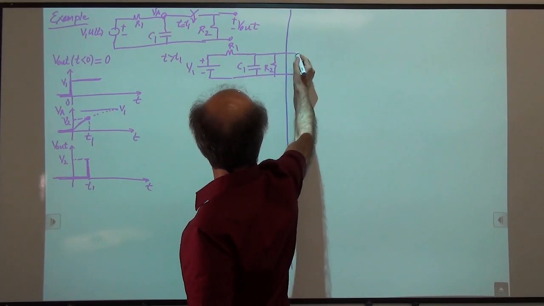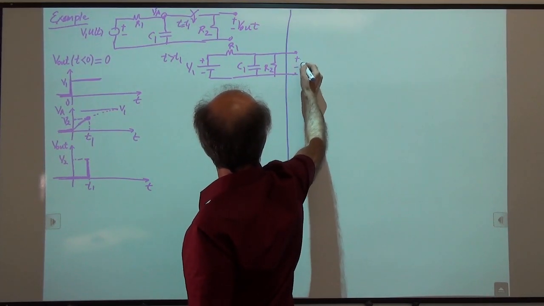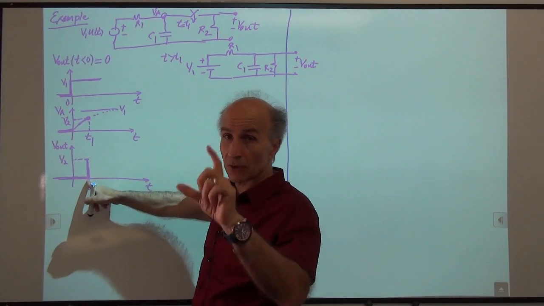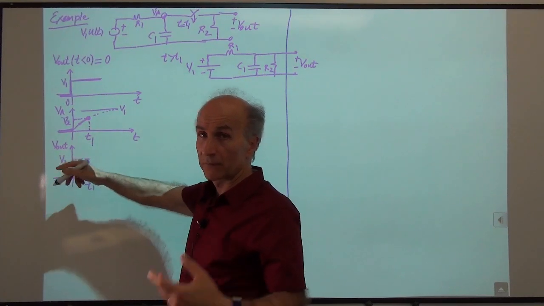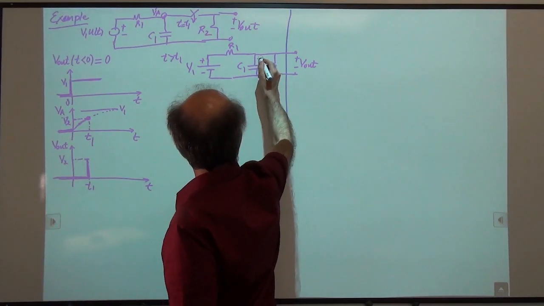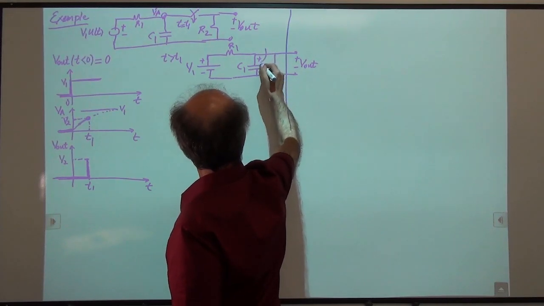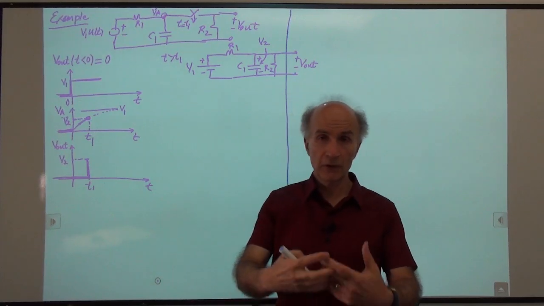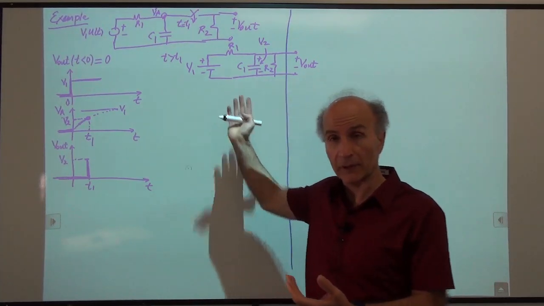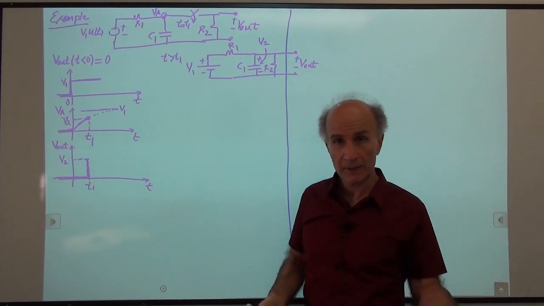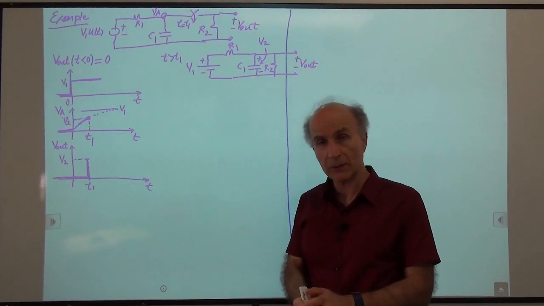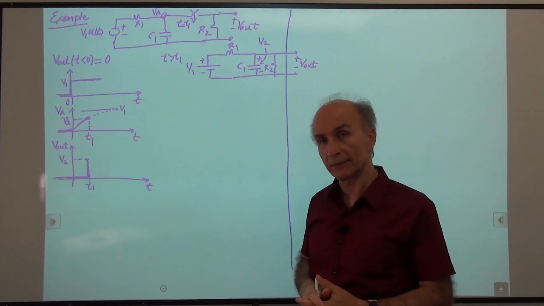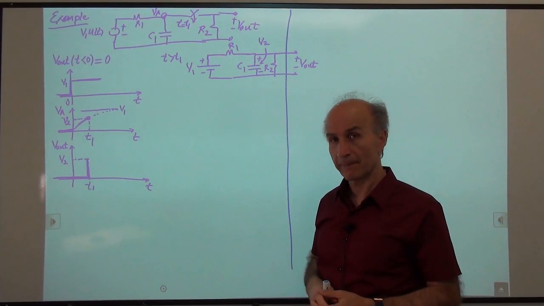And I am interested in this voltage as a function of time. And at T1, the voltage on the capacitor is some value. We called it V2. So you can consider that an initial condition, and that's V2. So now from T1 on, I have to solve this circuit. This circuit has a battery on one side, an initial condition on the capacitor, and now it's going to go somewhere, right? V out will change towards some value. So we have to solve the circuit.